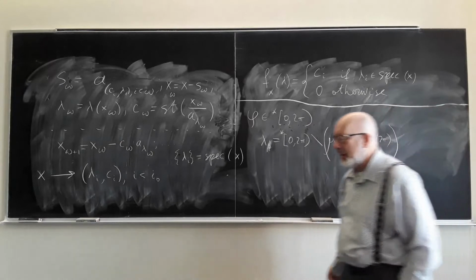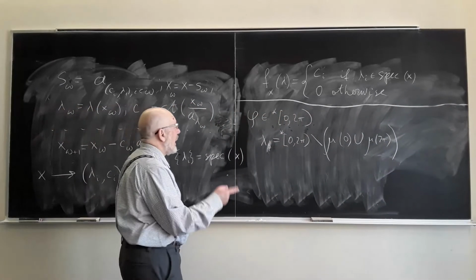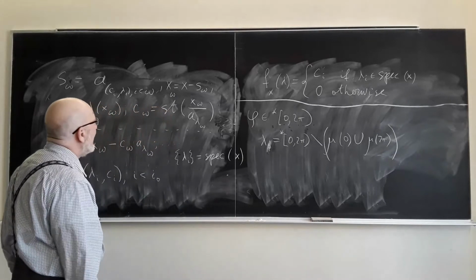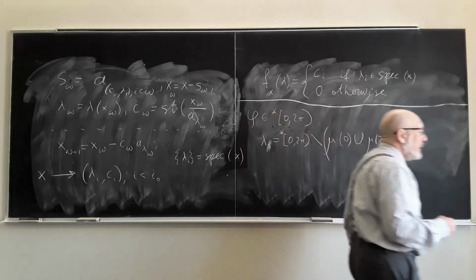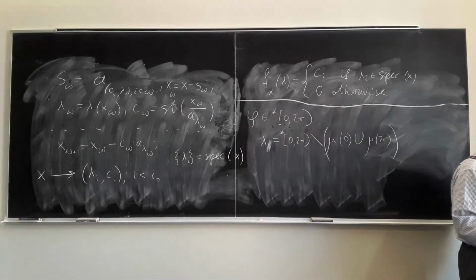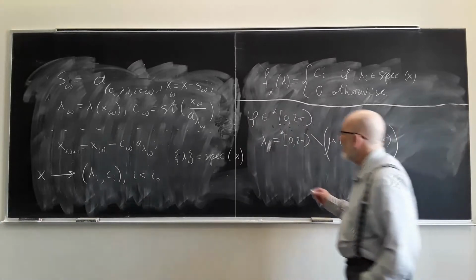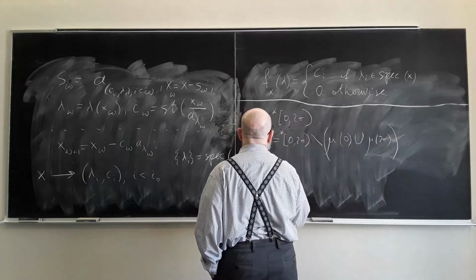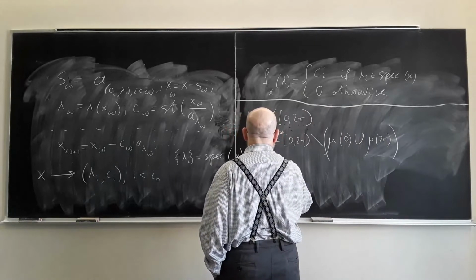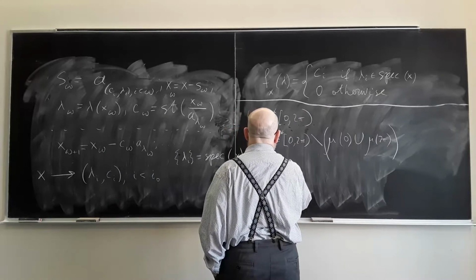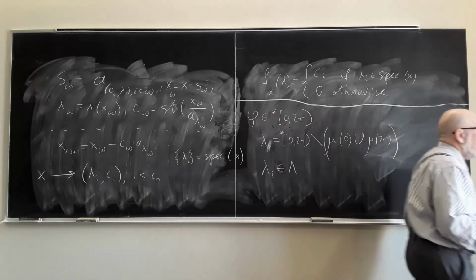So this is the first, and all next sets will be simply infinitesimals of different order in the real line. So lambda I in lambda, just of the real line.